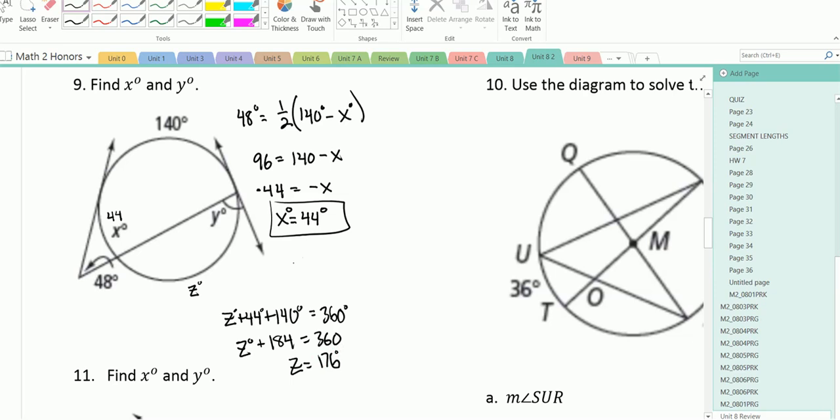And the measure of angle y is going to be 1/2 the measure of angle z, which is 88 degrees.